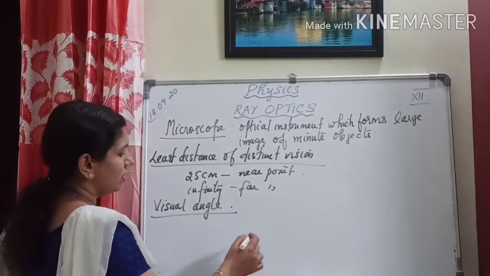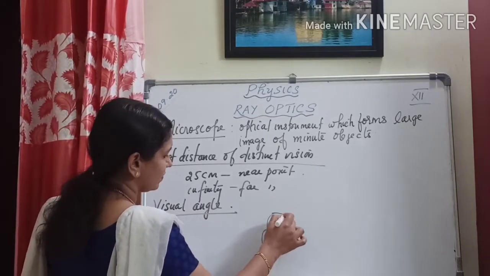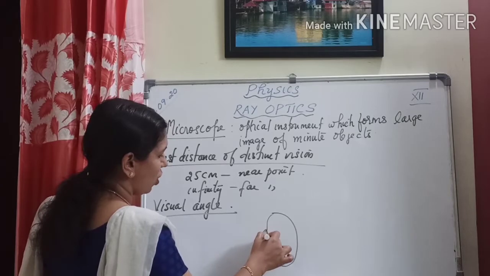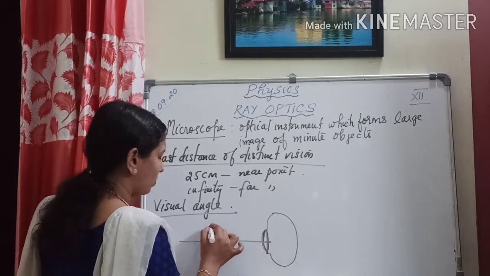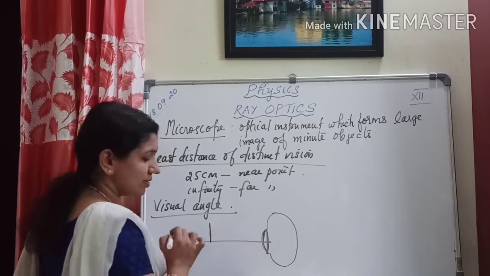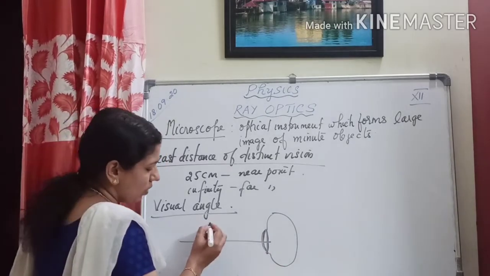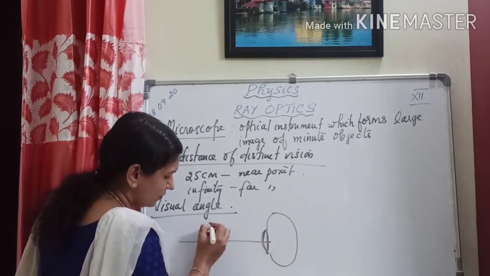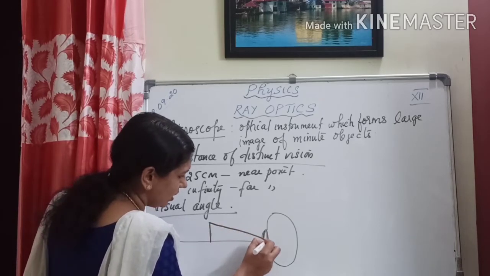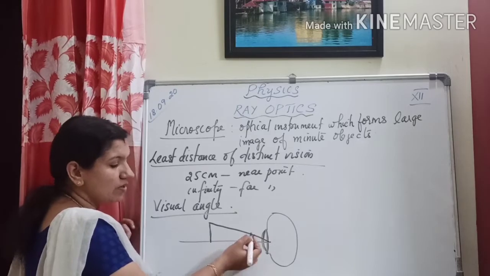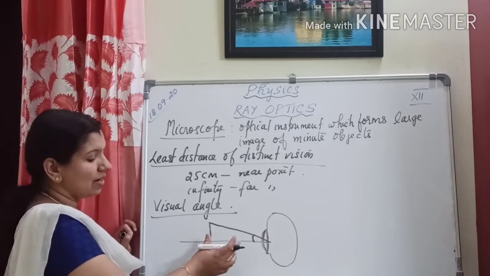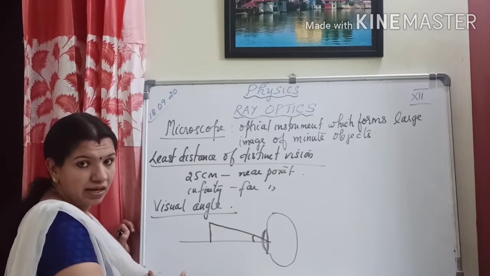For example, if this is your eye, there is a convex lens placed there, clear. Now, an object is there. Now, there is an angle which the object makes with the human eye. See, this angle is known as the visual angle.